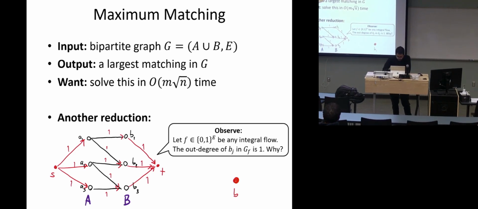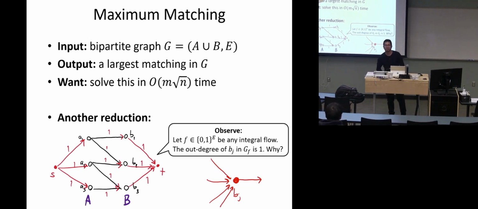So you have B, you have some in degree, and right now there is just 1 out degree. Anyone see why, if you look at the residual graph, the out degree must be 1 as well?